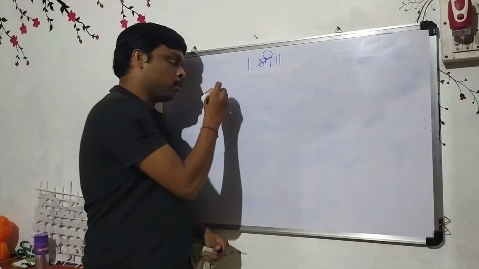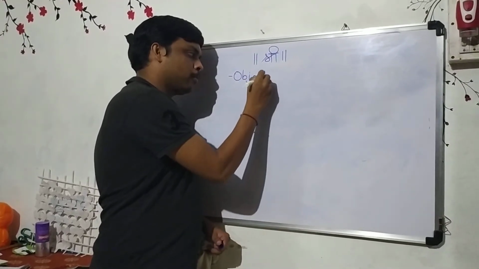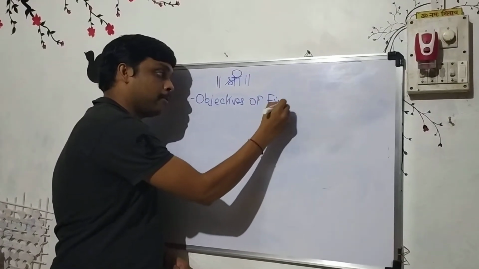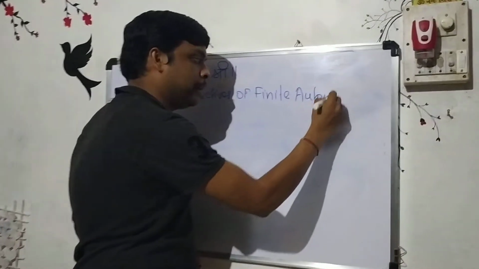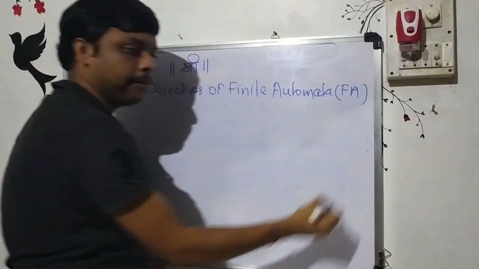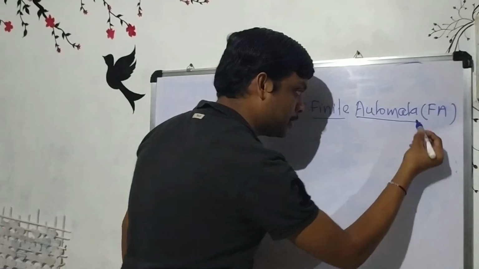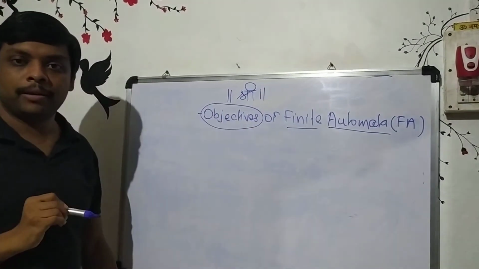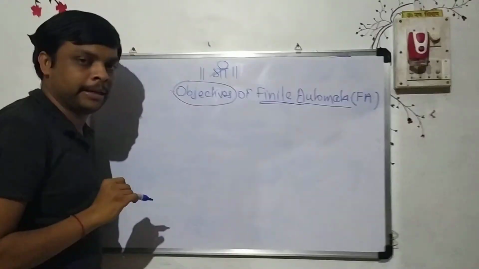Our topic of discussion today is the objective of finite automata, in short called FA. In this session we will just discuss the objective of finite automata. In our next session we will discuss the exact definition of finite automata.